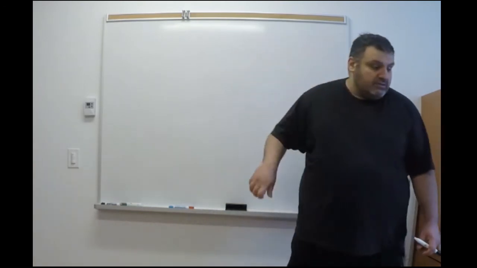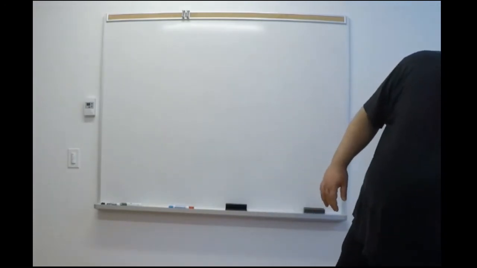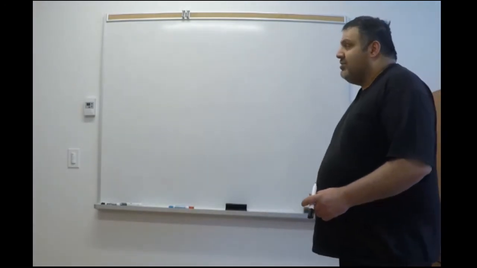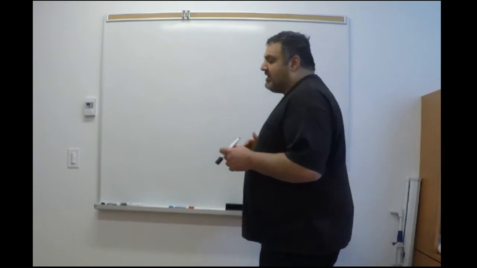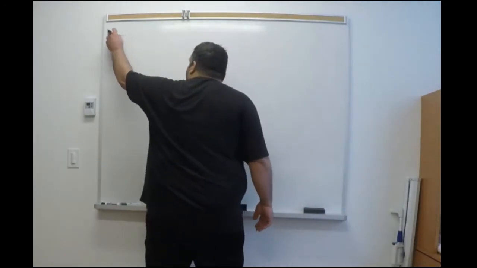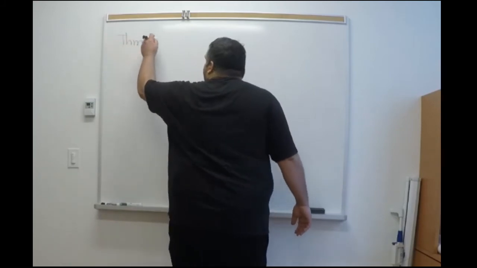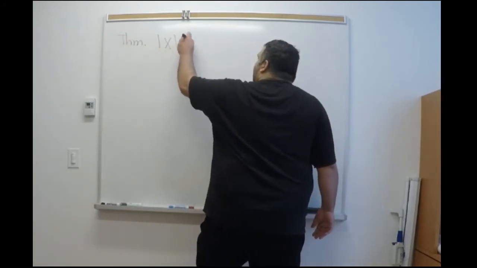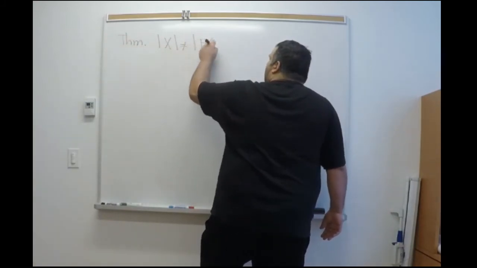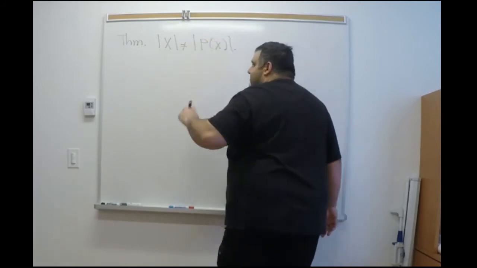All right. So now we are going to prove one of the more famous theorems by Cantor, and it's the following. The cardinality of X is not equal to the cardinality of the power set.